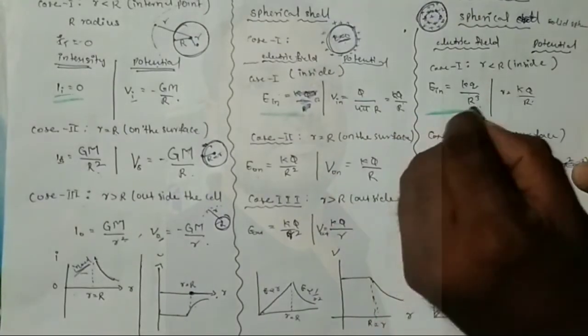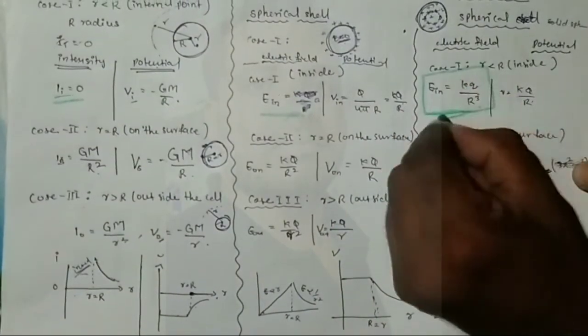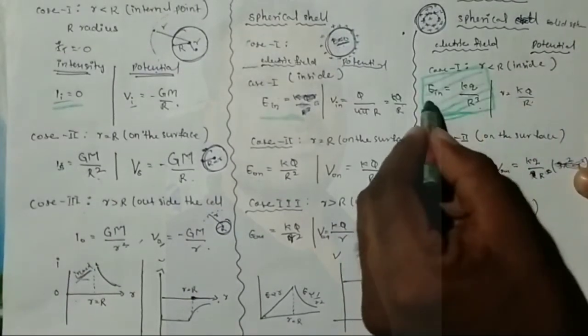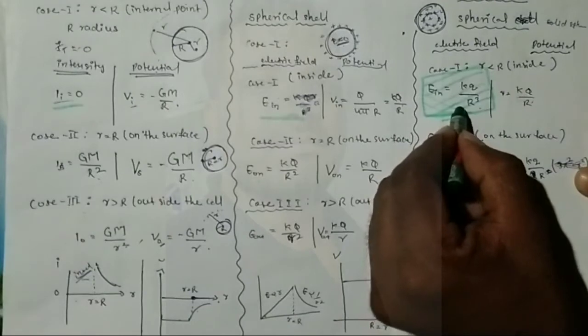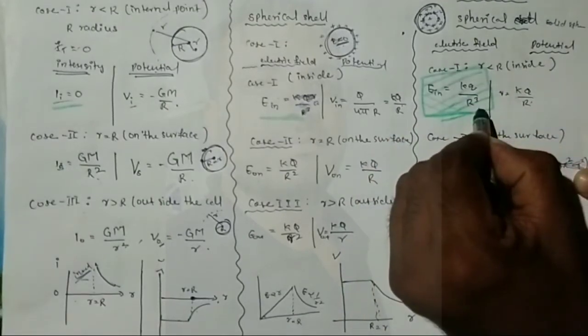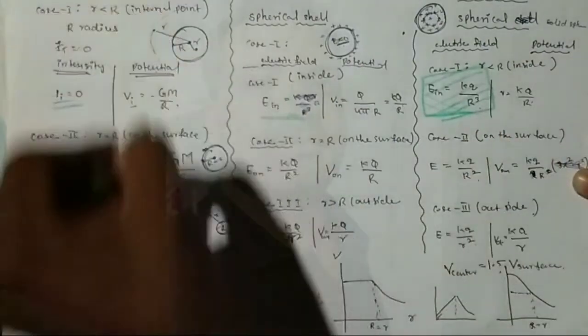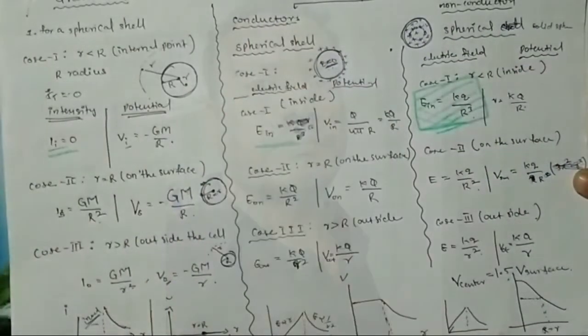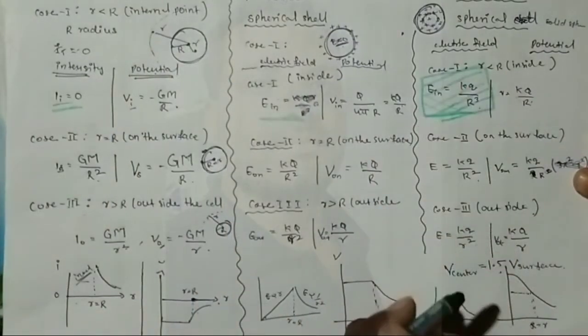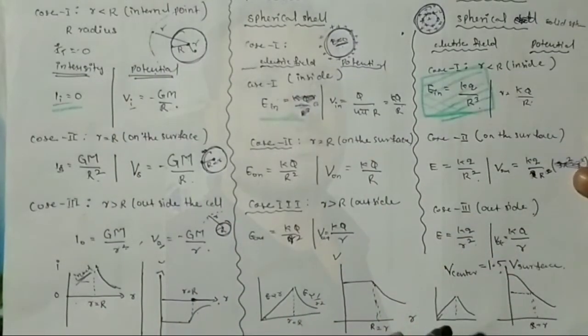Remaining all are the same. The only change is inside the non-conducting material, Kq by R cube. Every time all are equal formulas, so it is easy to remember, right?